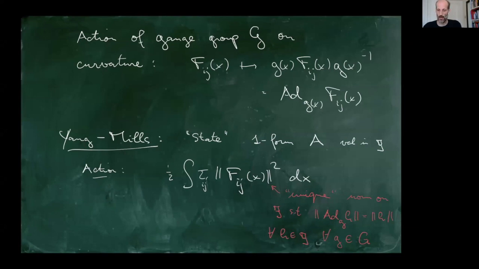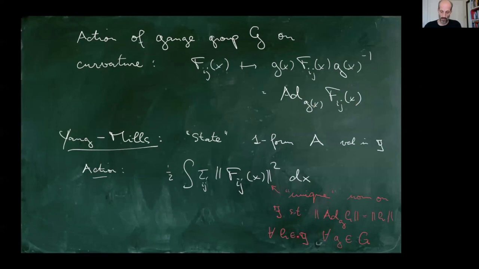Now, the nice thing about this action is that, since the curvature transforms in this way here, pointwise it transforms under the gauge group just by conjugation.